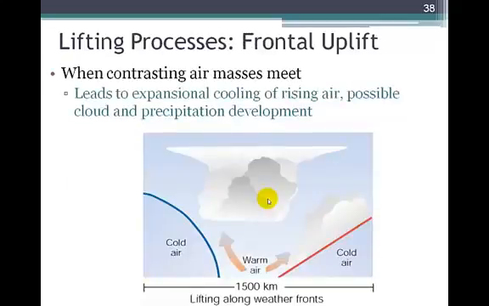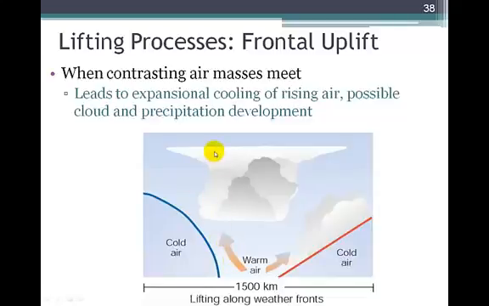Another way is through frontal uplifting. So this is when air masses meet and we have frontal boundaries. So there's a couple of things going on here. Here's a cold front. We'll talk about fronts later in this course, but here's a cold front, so a big mass of cold air moving in where warm air existed, and that warm air is forced to rise up over that cold air.